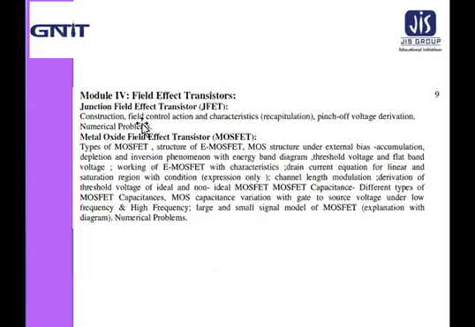Two main topics are junction field effect transistor and metal oxide field effect transistor. Under JFET there was construction, field control action, characteristics, pinch off voltage derivation, and some numerical problems which I have already discussed in previous lectures.